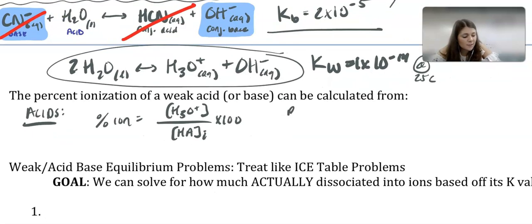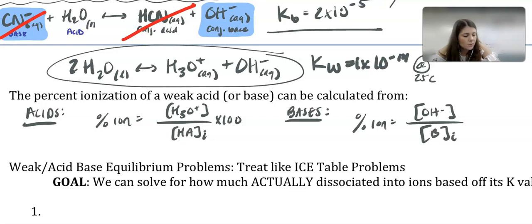And then for bases, you just take the percent ionization is hydroxide over the base initially times 100, all right? And then we can calculate since this is less than 100%. And you're going to be surprised over some of the problems we do, and you're going to see how low these values are when I'm not really kidding that it's very, very, very less than the original.